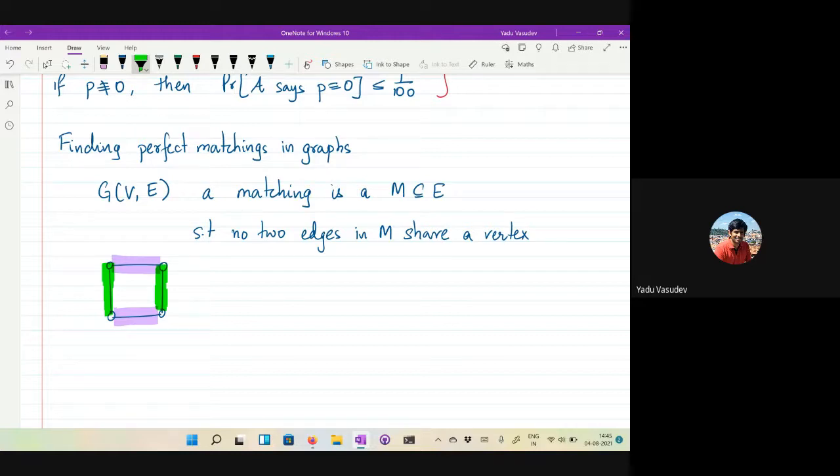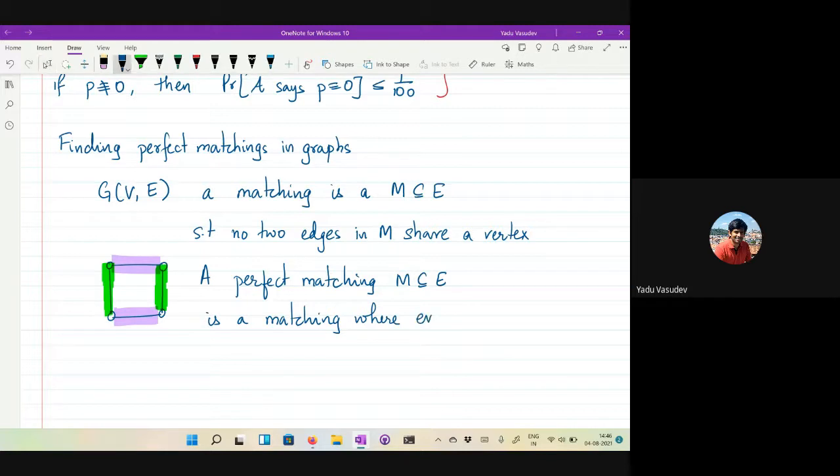Okay? And a perfect matching M is a matching where every vertex is matched to some other vertex.